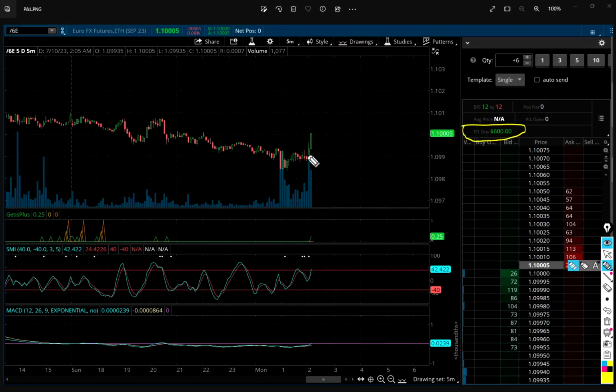All right, here's a trade that I made last night, kind of late, up doing my thing. And I traded this product 6E, been trading this lately. And you can see here $600. So, for those that want to know, do I use my service? Do I use my own streaming charts and all the other stuff that the members use? Yeah, I do. Now, the members get the S&P 500 because that's a very popular product.